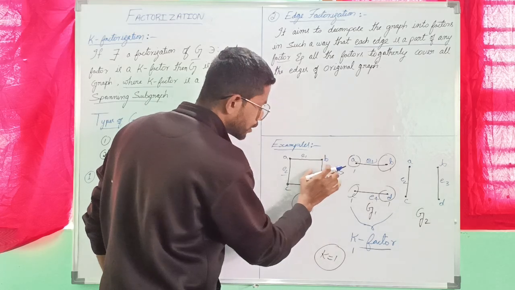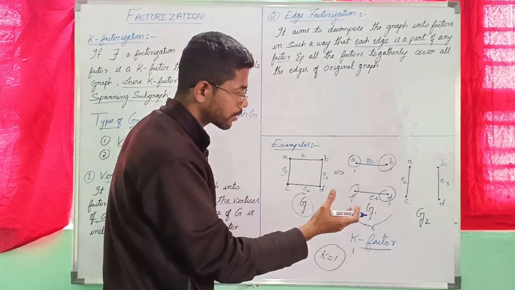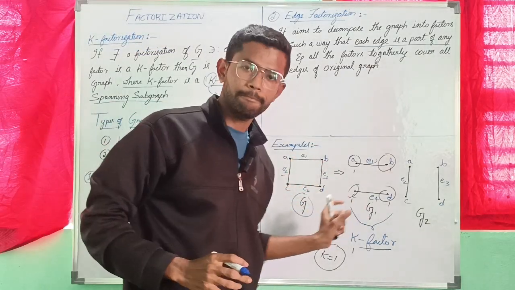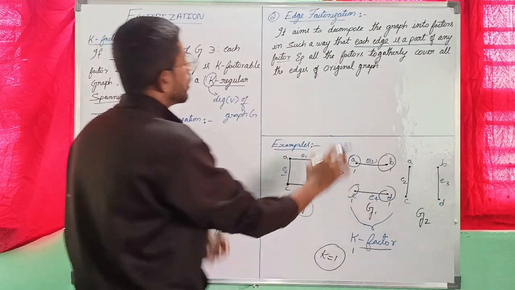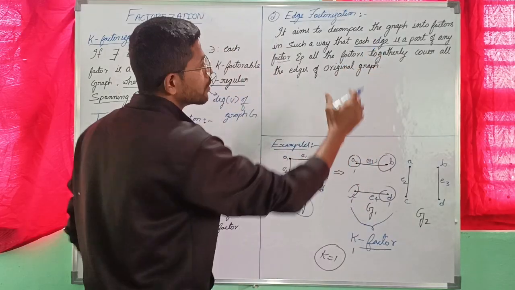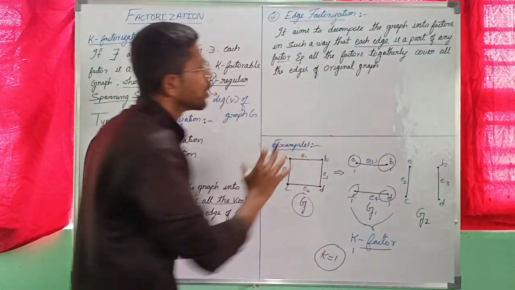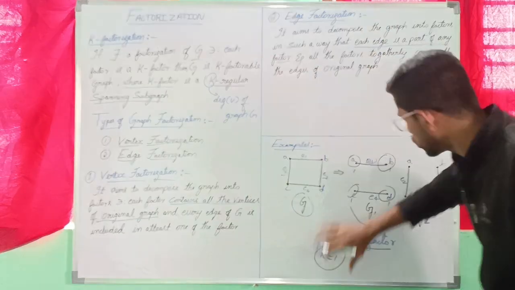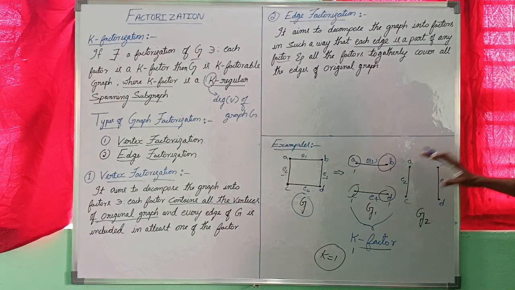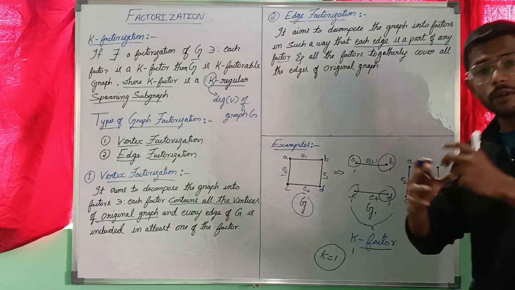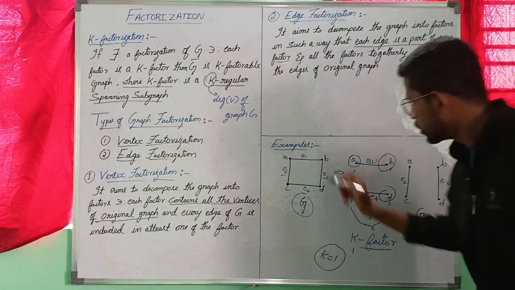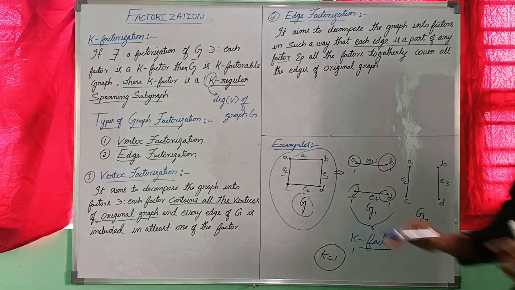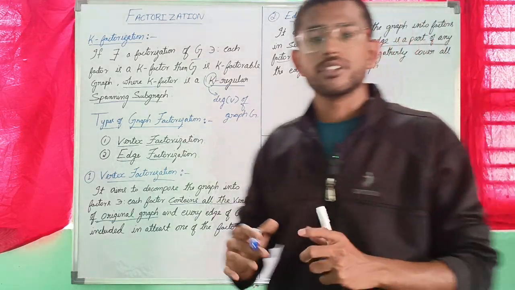E3 is a part of factor G2 and E4 is a part of factor G1. And when we combine all these factors together, they form the original graph G. So this is what edge factorization is.